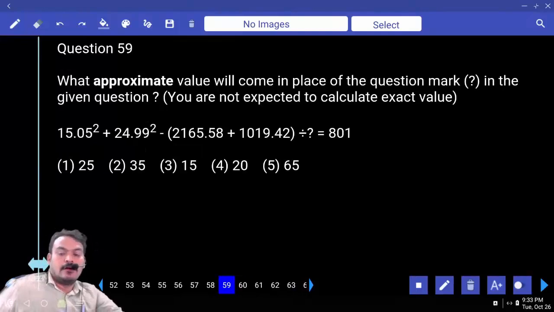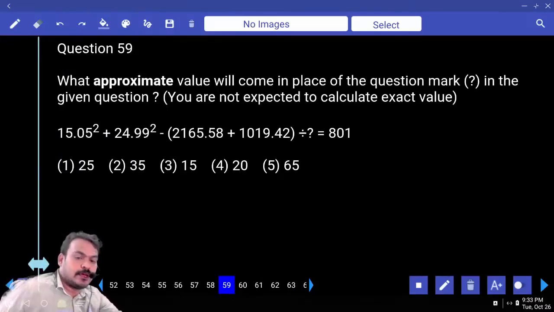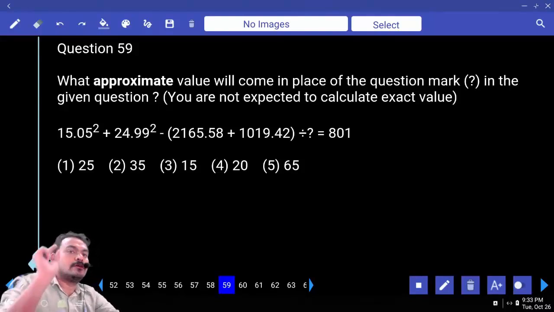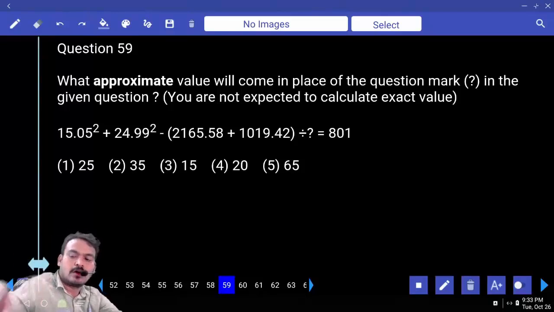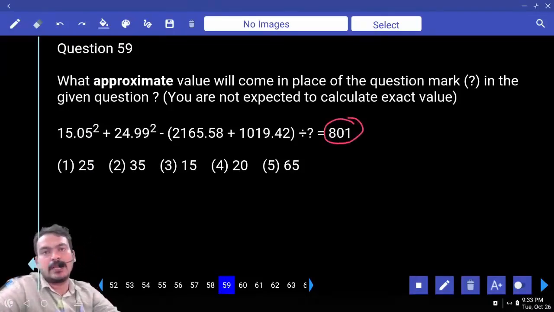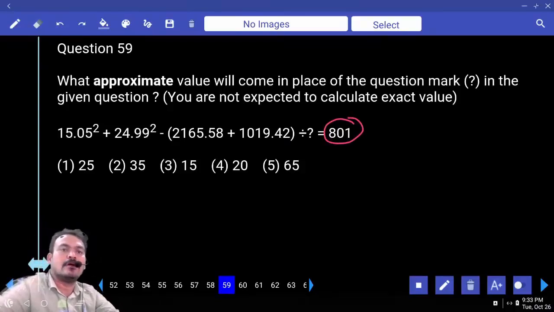Next, first priority 15 square plus 25 square, or not? What is the 15 square value? 225. What is the 25 square value? 625. 625 plus 225 is 850, or not? Out of 850 we subtracted how much value? 801. 850 minus 801 is 49.